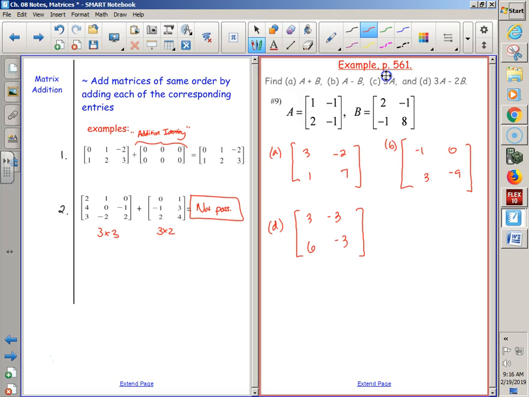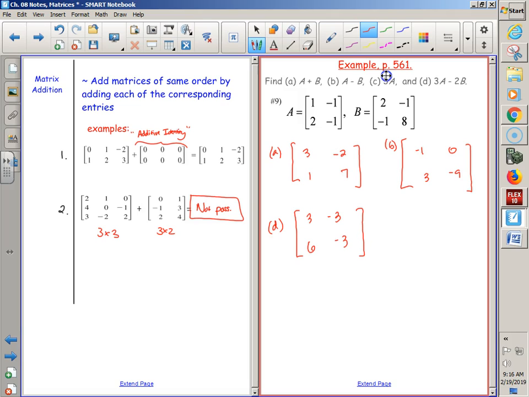You guys agree? 1 plus 2, negative 1 plus negative 1, 2 plus negative 1, negative 1 plus 8. 1 minus 2, negative 1 minus negative 1, 2 minus negative 1, negative 1 minus 8.